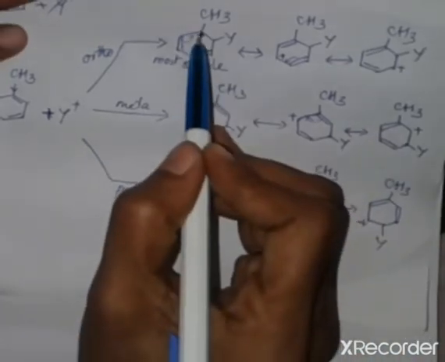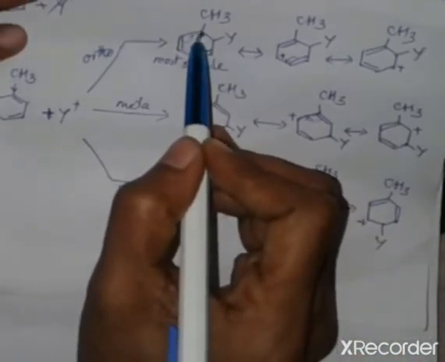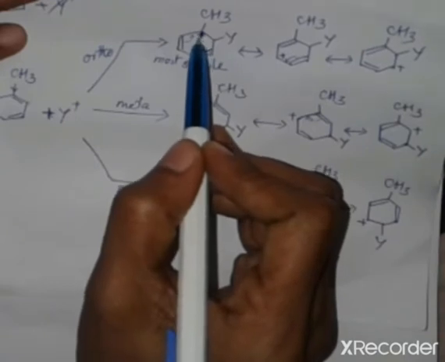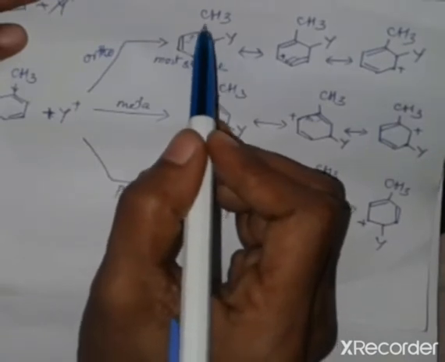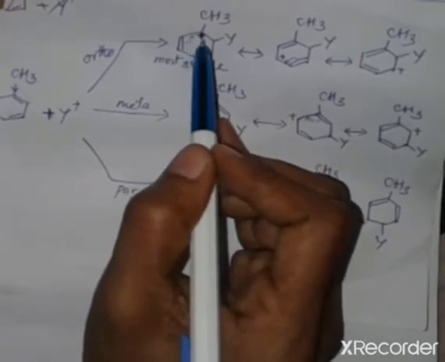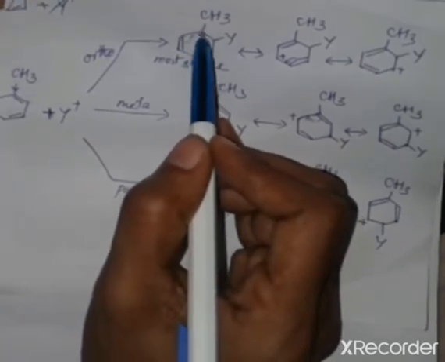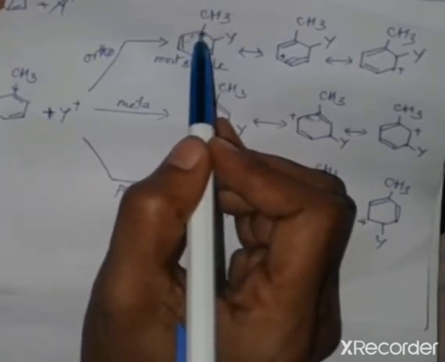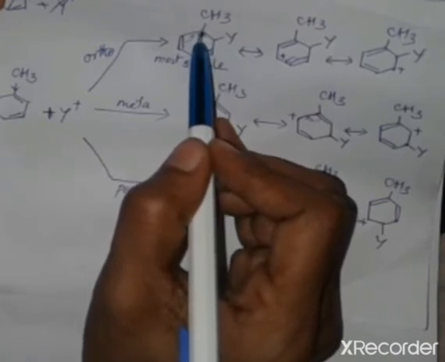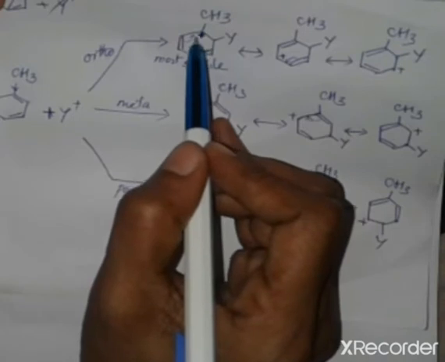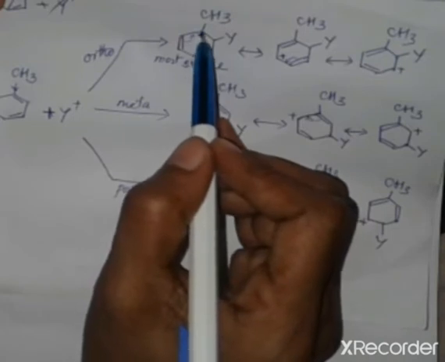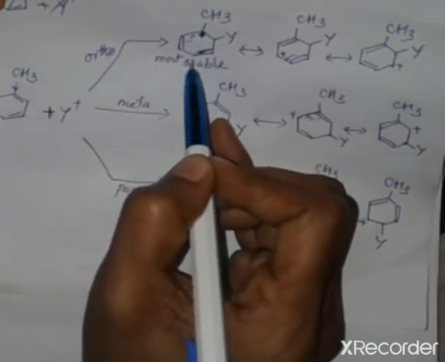Here, the positive charge is attached to the carbon in which the electron releasing group is directly bonded. When electrons are released to this benzene ring, it reduces the positive charge density of this carbon, and so it is stable.